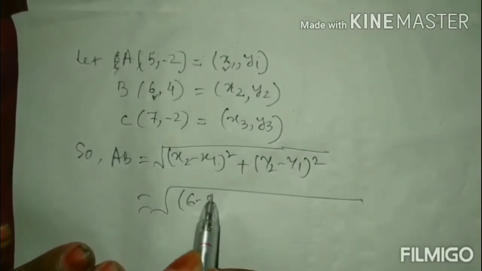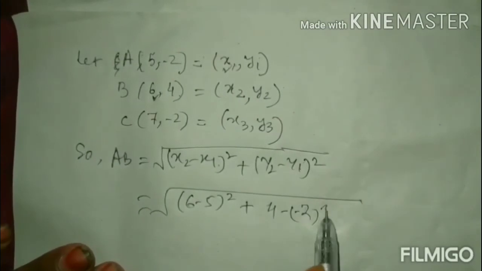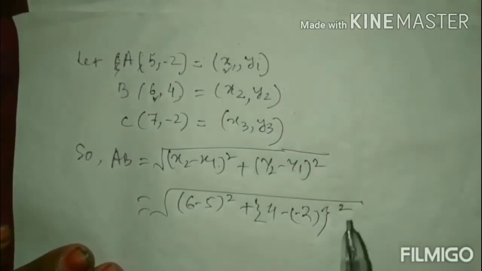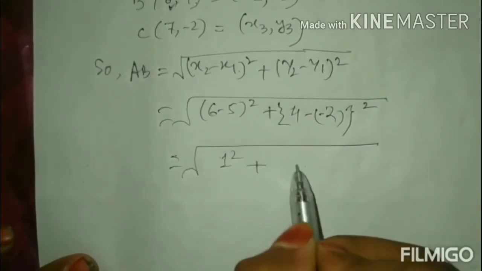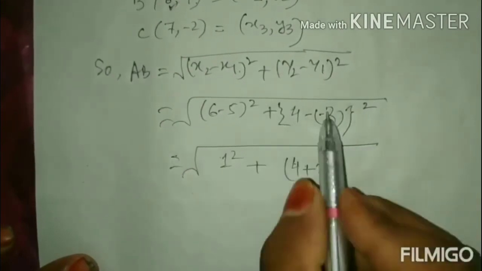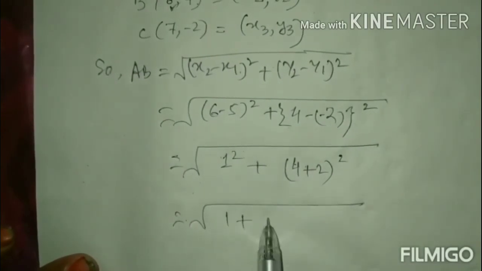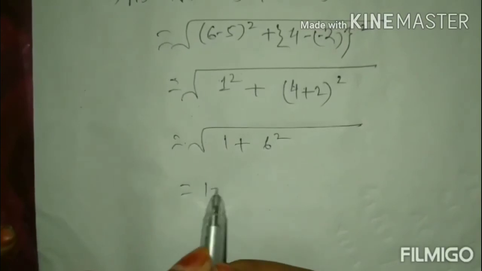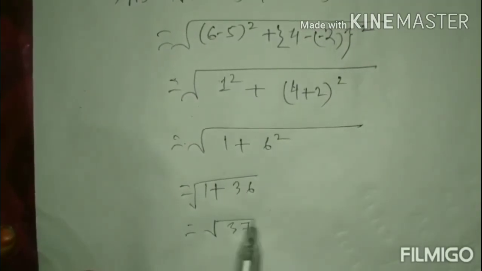So it will be 6 minus 5 square. y2 is 4 and y1 is minus 2. So this will be 4 minus minus 2 whole square. So what are we getting? 6 minus 5 equal to 1 and 4 minus minus 2 is 4 plus 2, plus 2 square. So 1 plus 6 square. So 1 plus 36, root over 37.